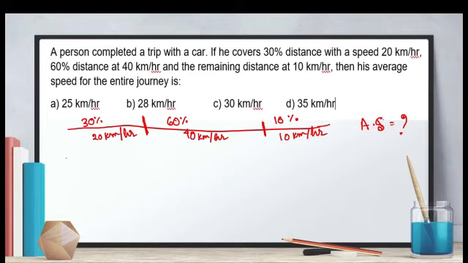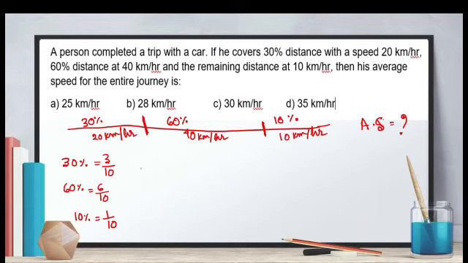So here we can see that 30% is equal to 3 upon 10. 60% is equal to 6 upon 10. 10% is equal to 1 upon 10.